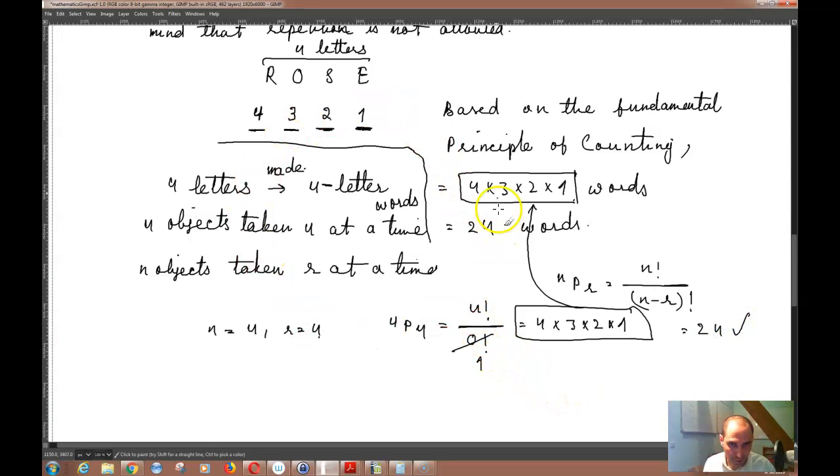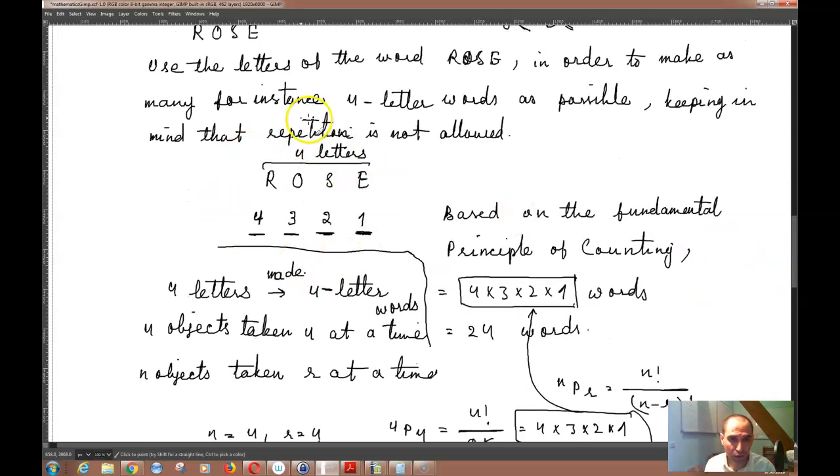So if you remember this situation of the word ROSE and the whole thing that we did before, we derived this formula and the whole story, then you will never actually forget the concept of permutation.